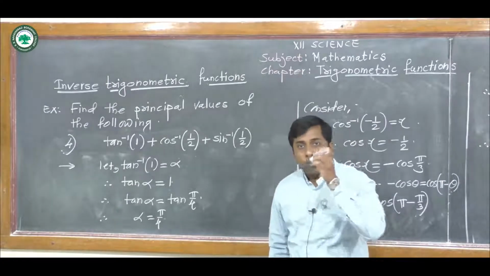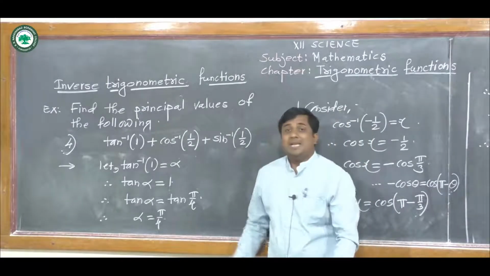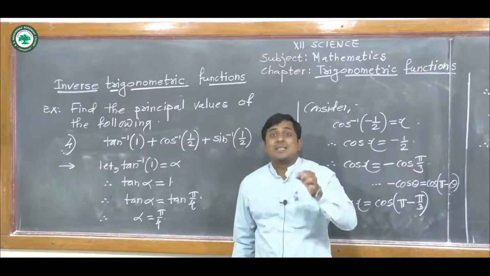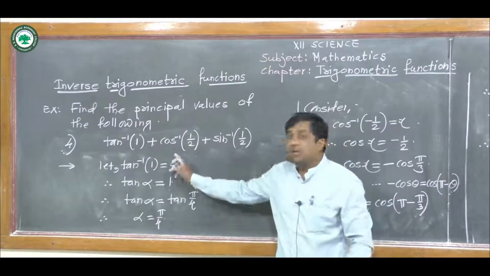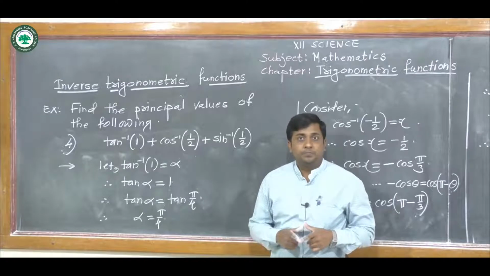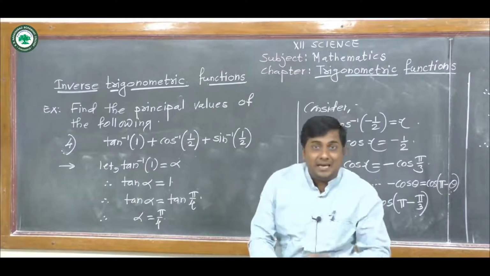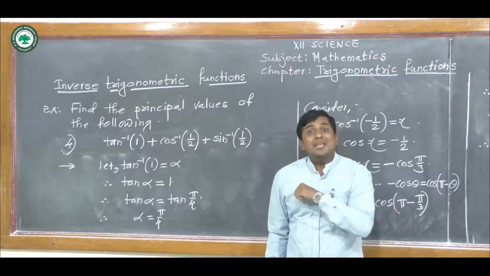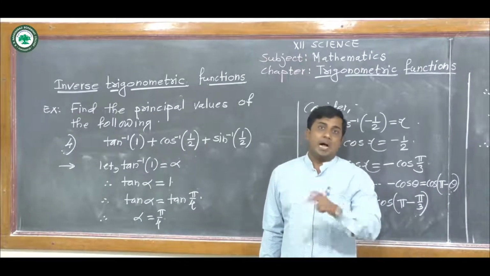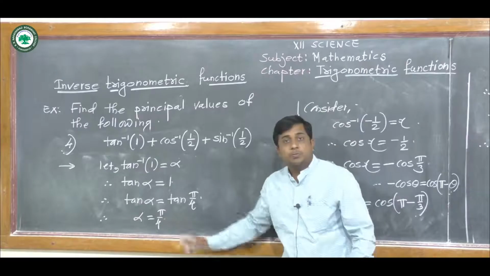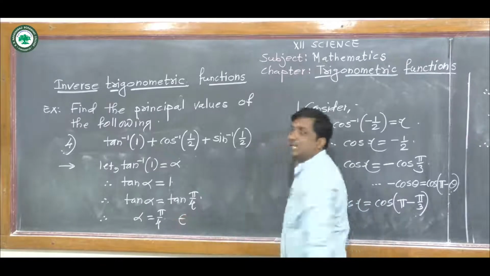Now we have to check whether this pi by 4 lies in the principal value branch of tan inverse or not. Okay, we know principal value branch for this tan inverse is open interval minus pi by 2 to pi by 2, and we know this pi by 4 belongs to this interval.